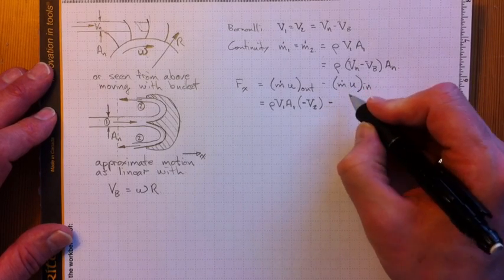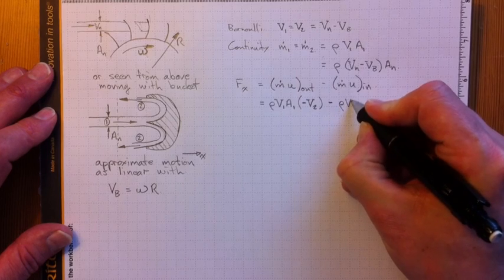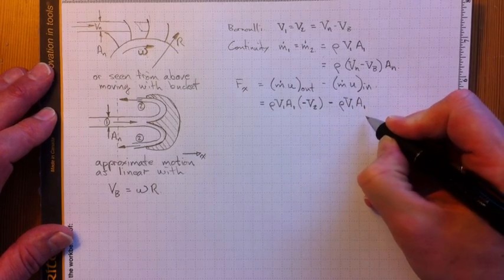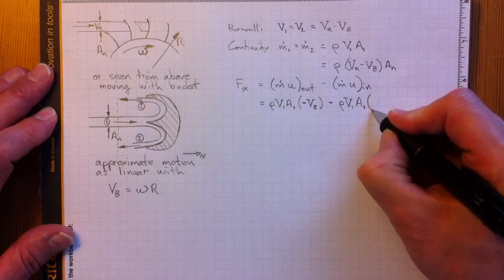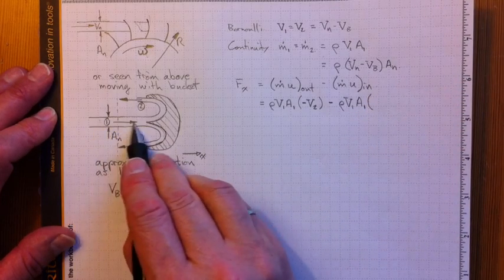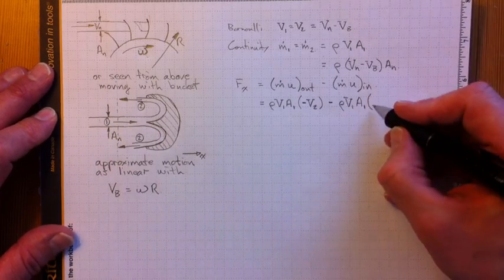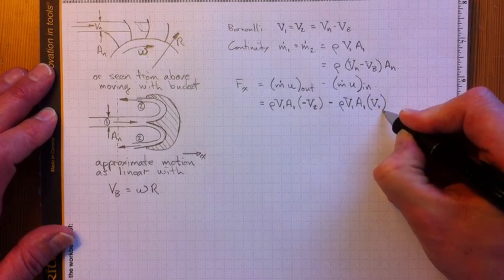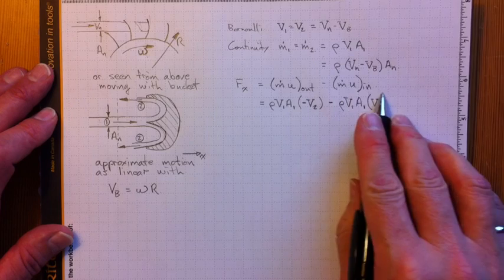Minus m dot, again, is rho V1 A1, times the velocity in the x direction coming in here, which is just V1. So that's the x velocity coming in.